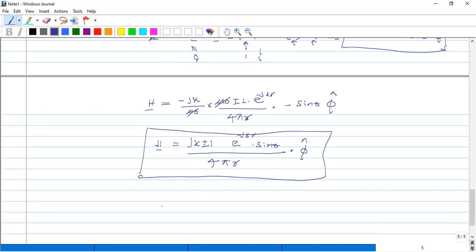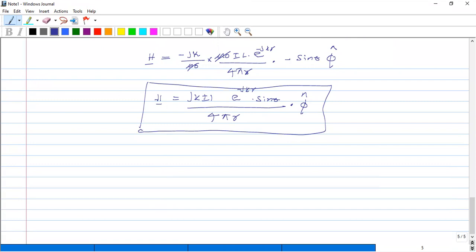Okay, now once you find the H field, you can find the E field also. Okay, so very easily you can find the E field. The E field is minus neta, and this is in free space, so we can denote neta naught, n hat into H. If you apply this value for H, you can find the E also.